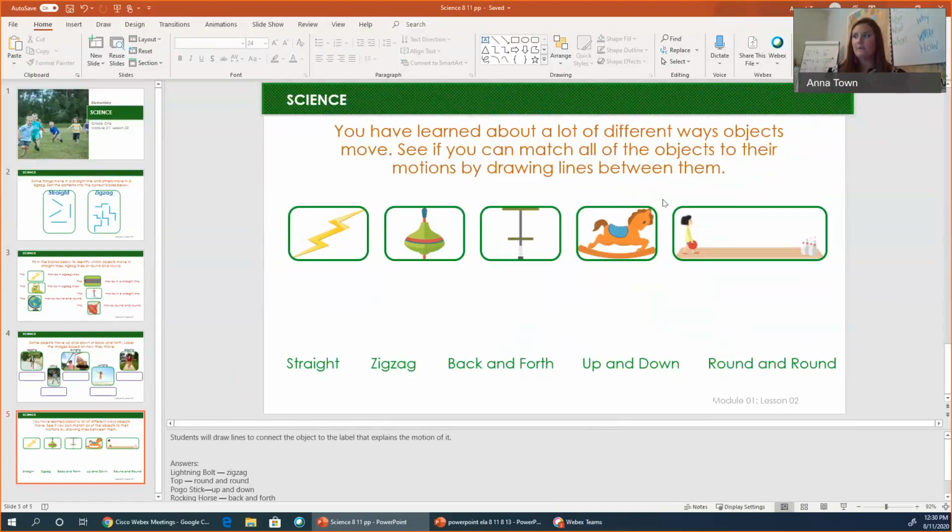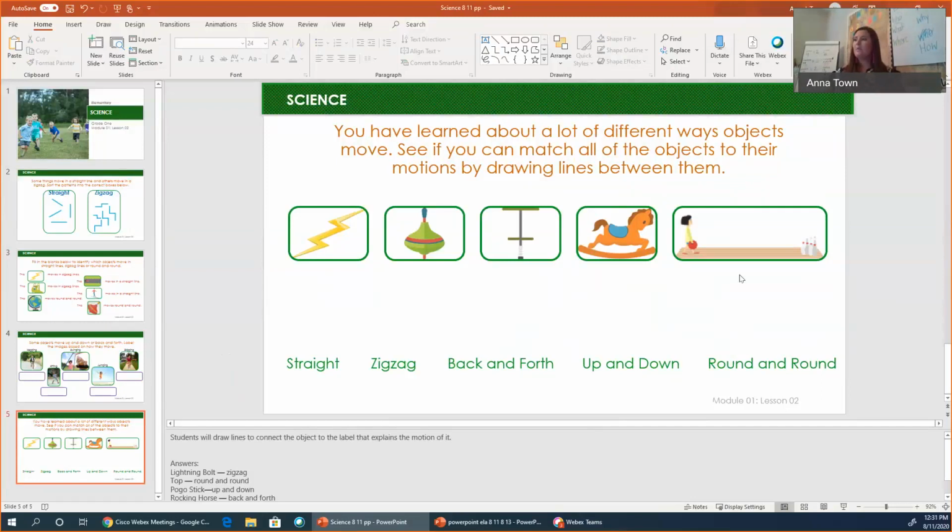This is a rocking horse. Moves like this. Is a rocking horse straight, zigzag, back and forth, up and down, or round and round? Yes, a rocking horse is back and forth, back and forth.